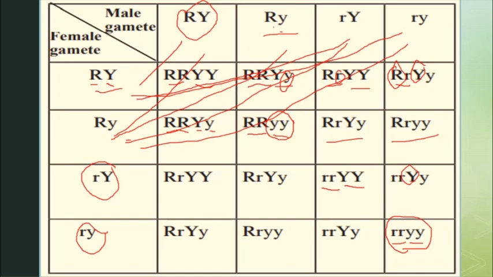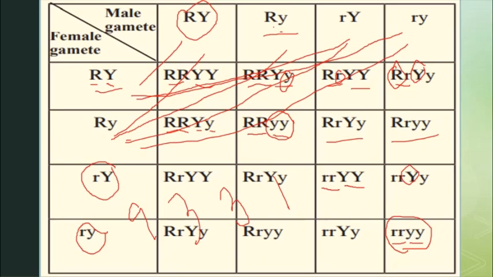So if you compare it, here we get the ratio of 9, then we get the ratio of 3, 3 and 1. 9 is to 3 is to 3 is to 1. 9 we get rounded yellow seed, 3 we get wrinkled yellow seed, then 3 we get round green seed, and 1 you will get wrinkled green seed.